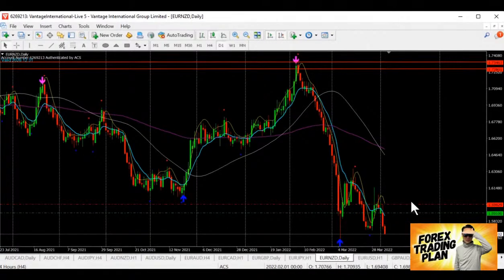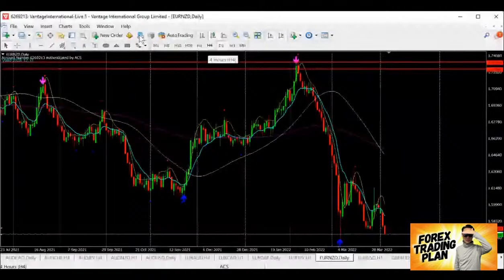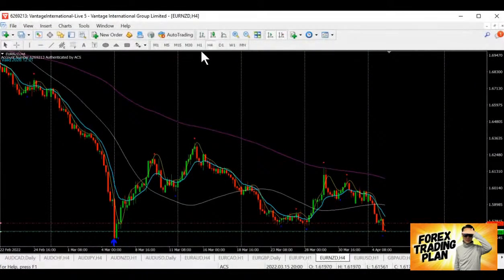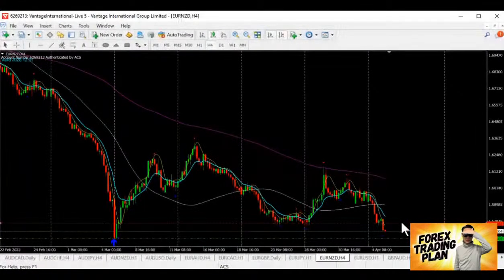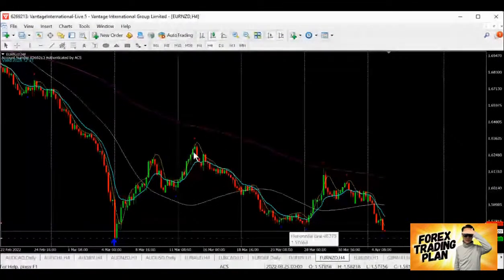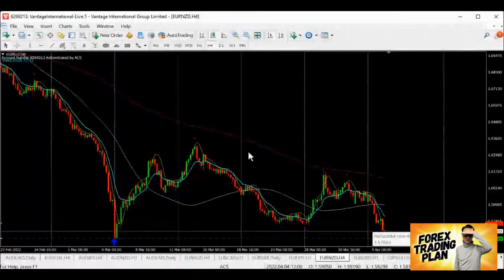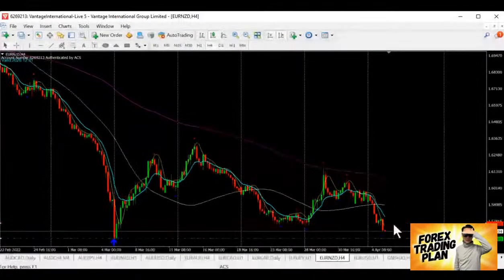I'm going to check where the support level and the resistance level are for me to trade within this trend. There's a support over here, it's very obvious right here, and quite a strong one. The area of support, we have a cross here that became a resistance.